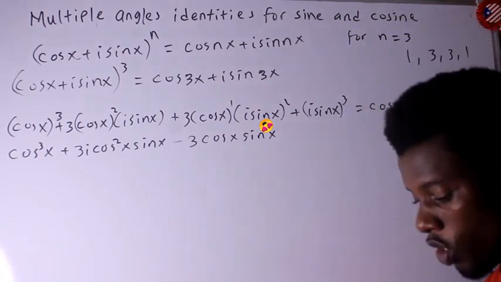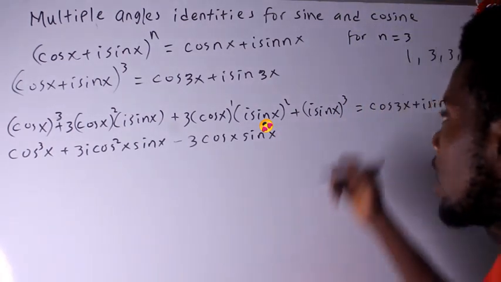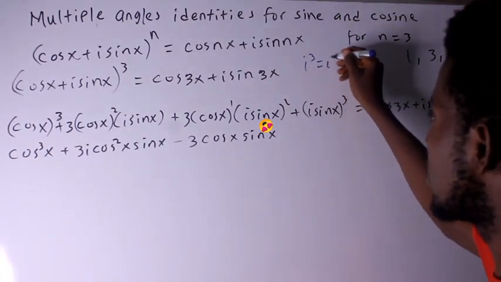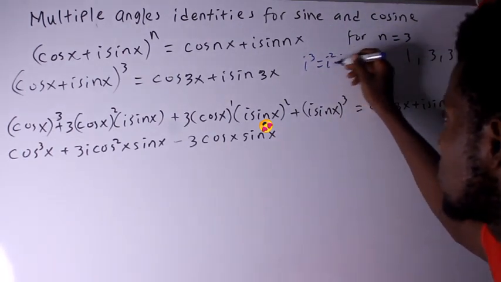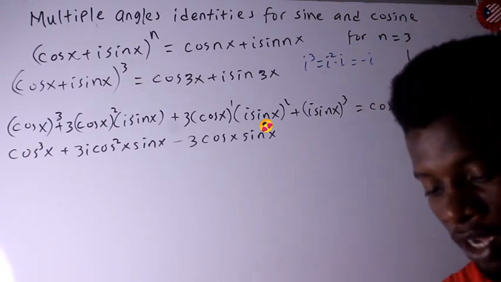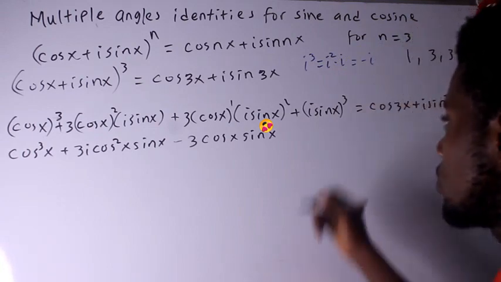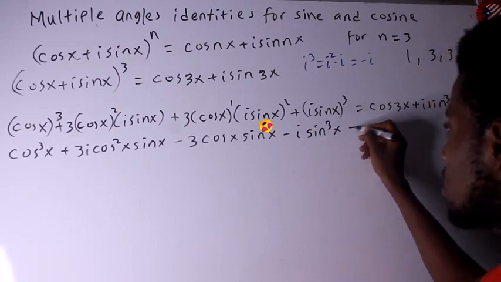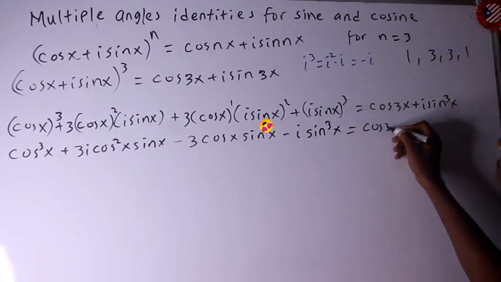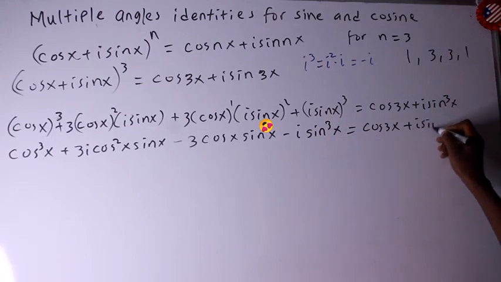And then i cube is i squared times i. But you know i squared is -1, so this will be -1 times i, which is -i. So this will be minus i sine cube x. And everything is equal to cos 3x plus i sine 3x.